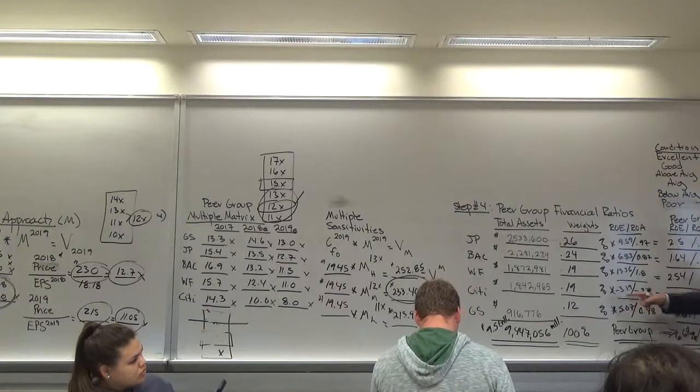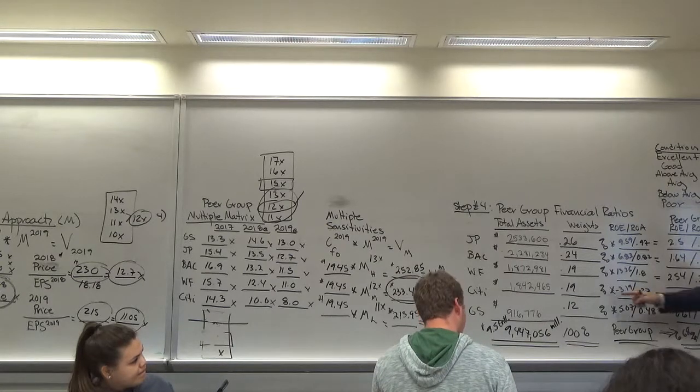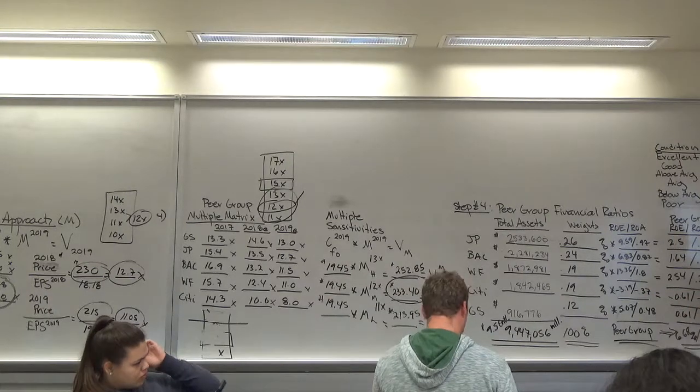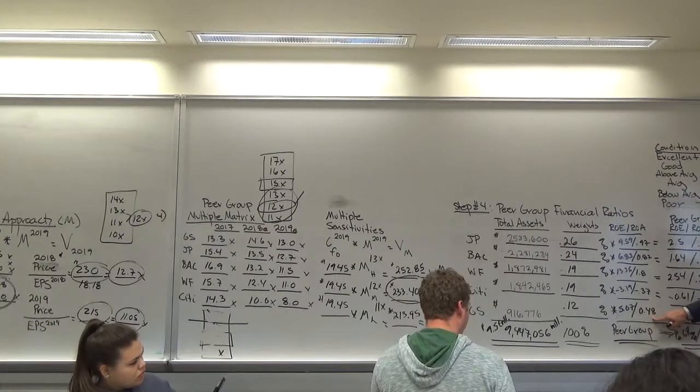Got it. And then what is 1.8 times 0.19? 0.35. And what is 0.19 times negative 0.37? Negative 0.07. And what is 0.12 times 0.48? 0.05.